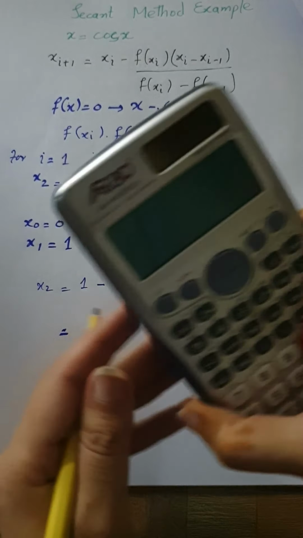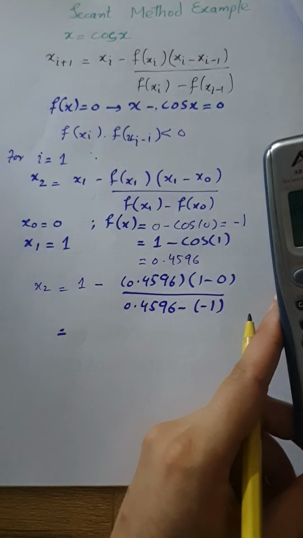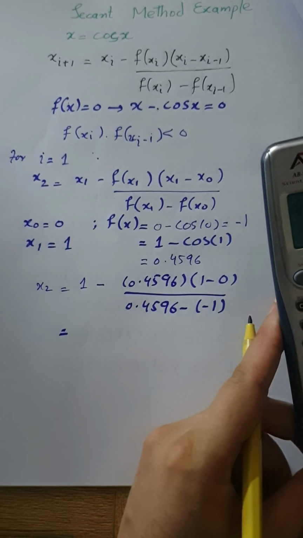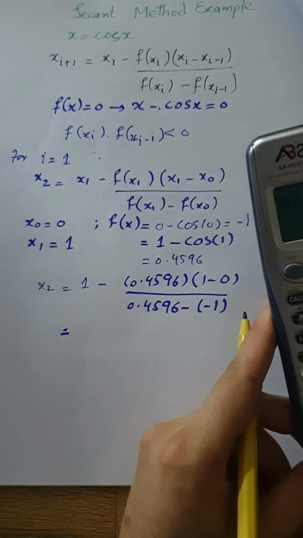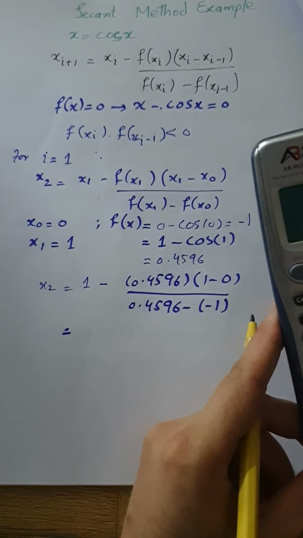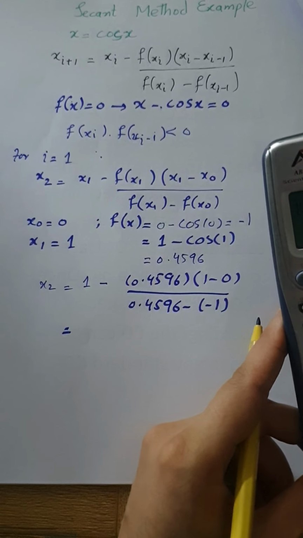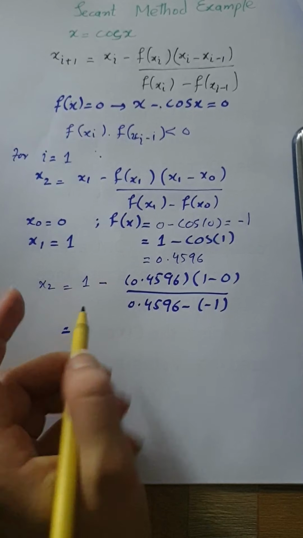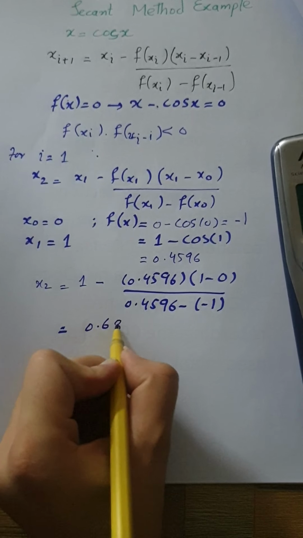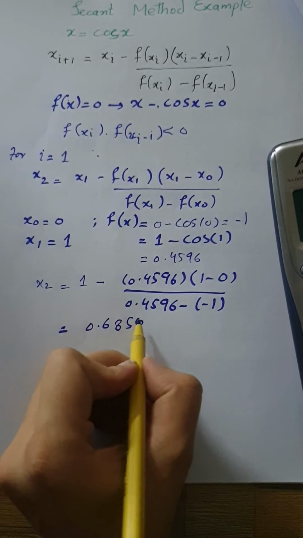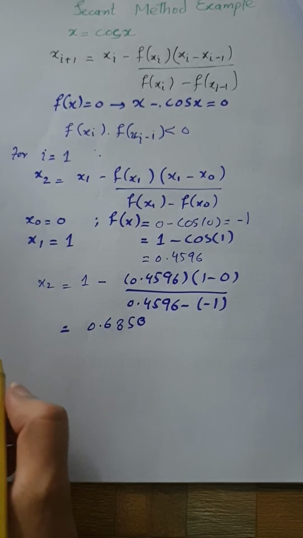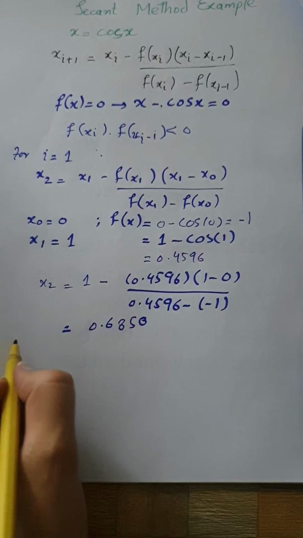When you simplify this expression, you get the result 0.6850. As I previously said, I will perform the calculations up to four decimal places.